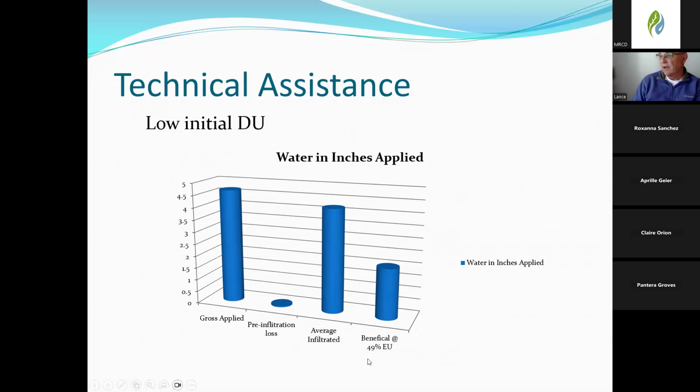So when we have a low uniformity, and this is really a bad situation, we have a uniformity here of 49%. The beneficial water applied, this is measured in inches rather than gallons. We could do the math if you really want me to figure out how many gallons this is, but it's just under 2 inches of beneficial water applied, and the total water applied was 4.5 inches.